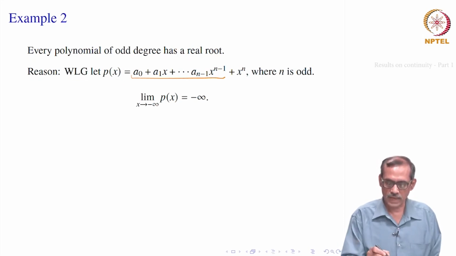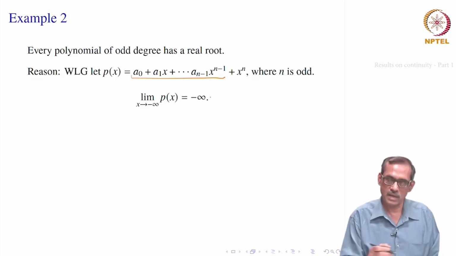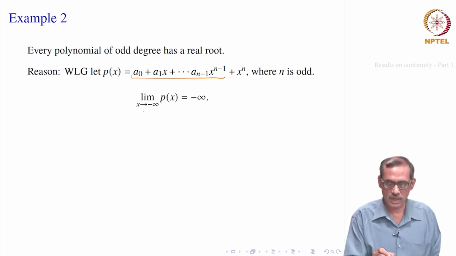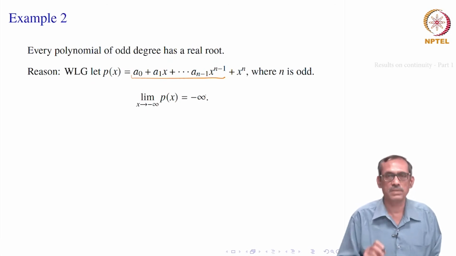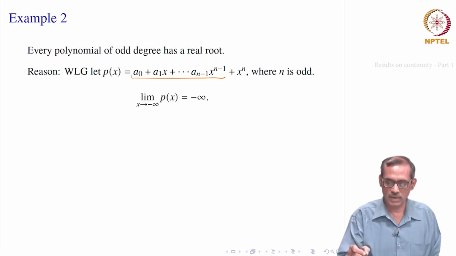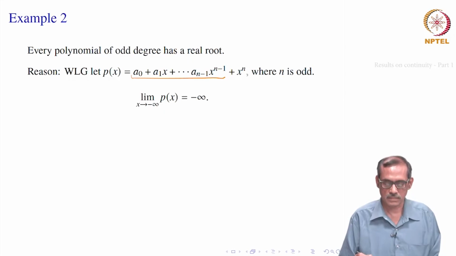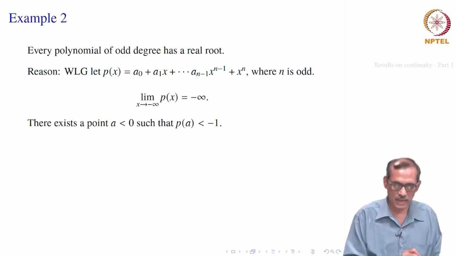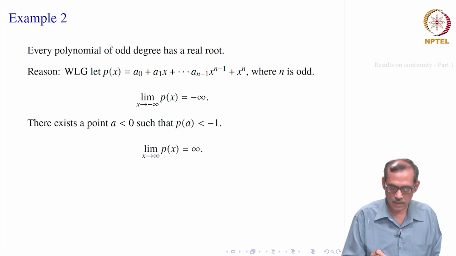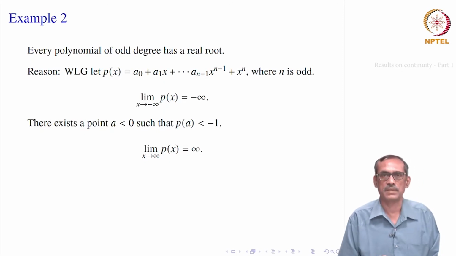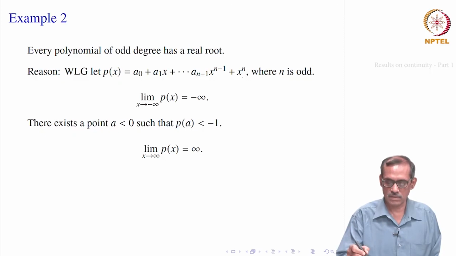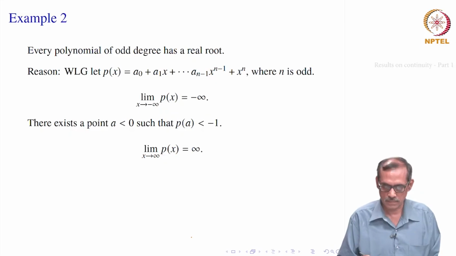Okay. So, when x goes to minus infinity, this polynomial's value can be made smaller than any negative number. So, the limit as x goes to minus infinity of p x is minus infinity, because n is odd. Had it been even, it would have become infinity. Okay. Now, similarly, if I take the limit of p x as x goes to infinity, that becomes infinity, because this term dominates again, and this term only tells you what the result is.